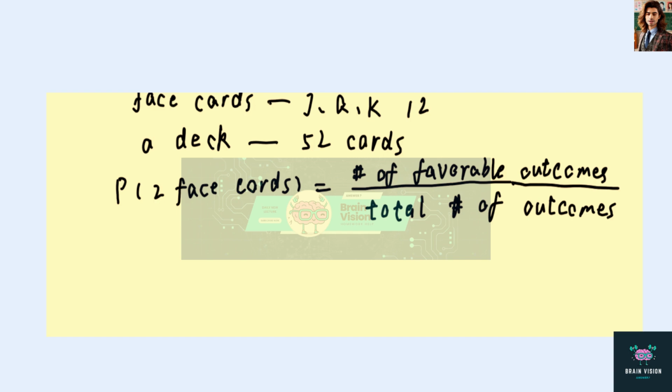So in our problem, the number of favorable outcomes is 12 choose 2 because there is no order and no replacement, and the total number of outcomes is 52 choose 2.